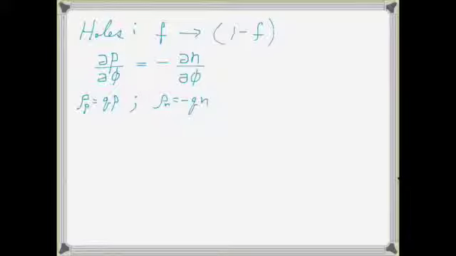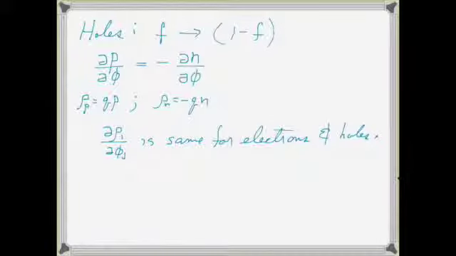So there are two negative signs involved which cancel. Therefore the Jacobian d rho I d phi j is the same for electrons and holes, which is nice. It's exact. So what we wrote down is the Jacobian for both electrons and holes.